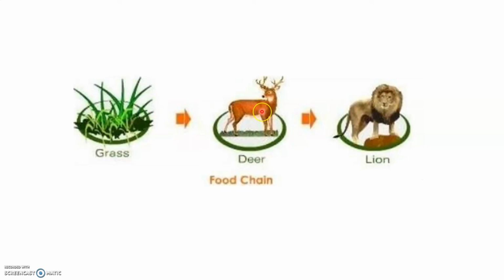And when more grass is required by all of them, then all this grass would be used up, or there would not be sufficient grass for all these deer to eat, and thus they will die due to starvation. So that is why it is important that all these animals and plants are necessary to complete a food chain. Then only we can maintain a balance in nature.